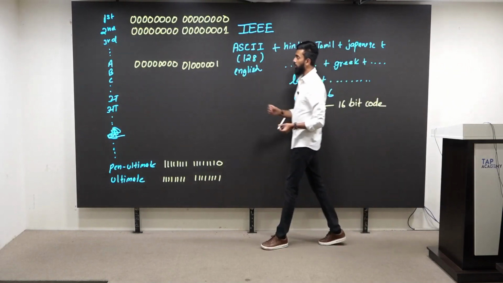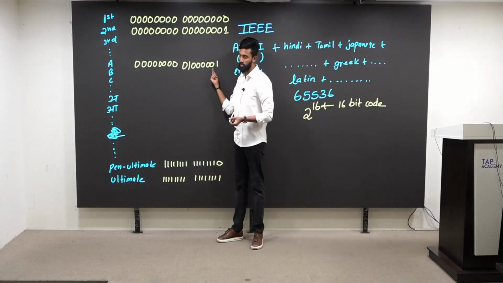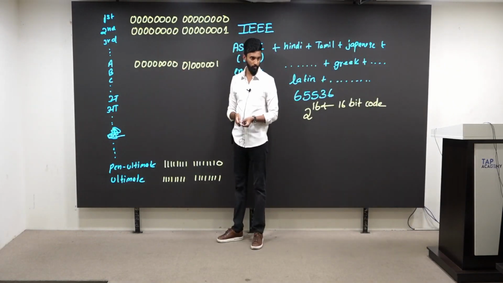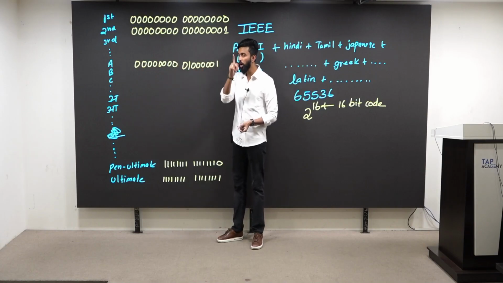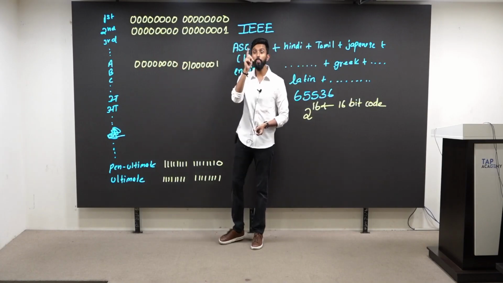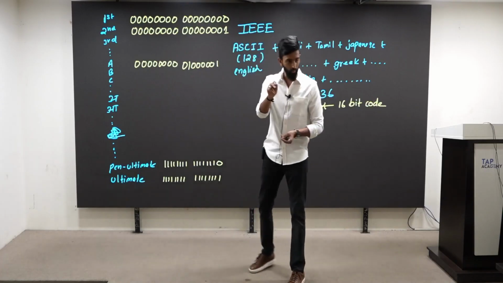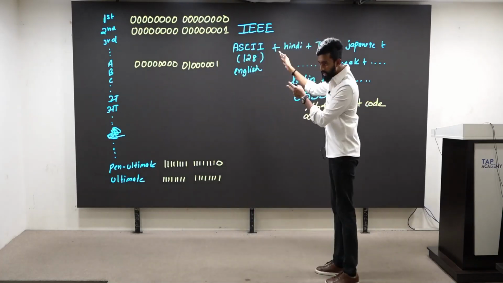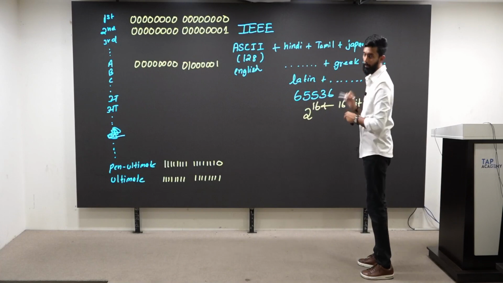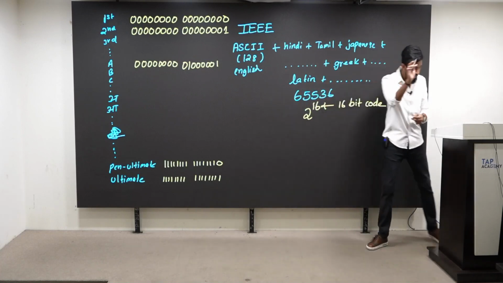Now tell me, to store 8 bits, you need 1 byte. To store 16 bits, how many bytes do you need? 2 bytes. That is why Java doesn't follow ASCII. Java follows this format. And this format has a name.